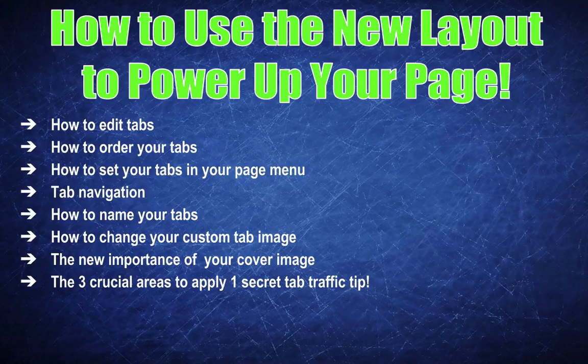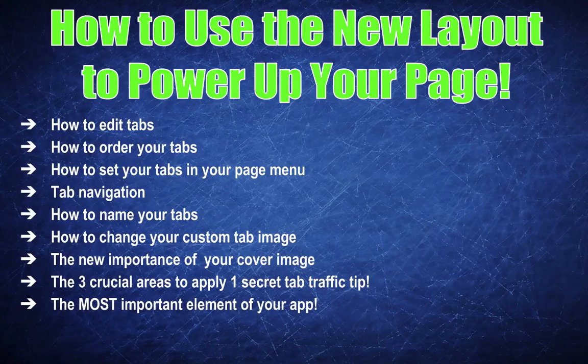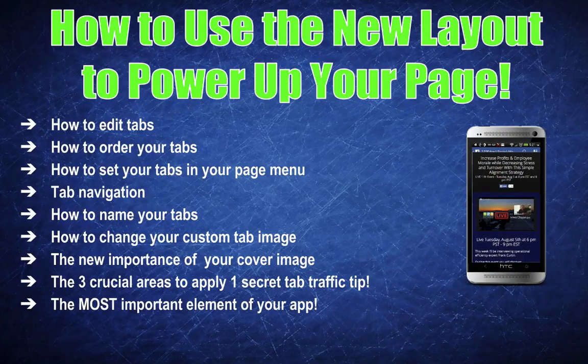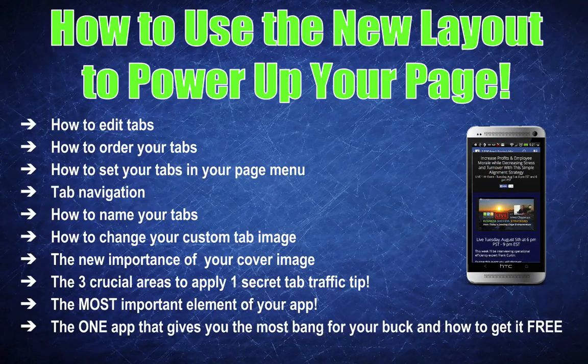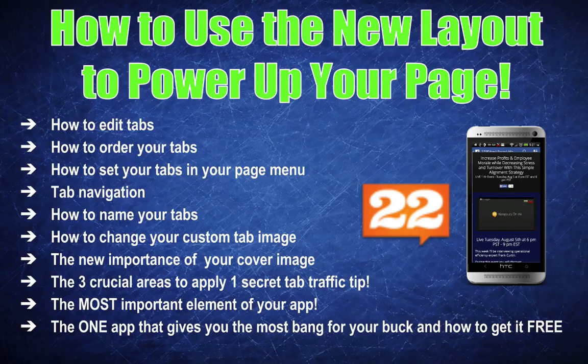And then the most important element of your tab, and that is mobile. It needs to be mobile. And the one app that gives you the most bang for your buck and how to get it free, and that is 22 Social, and you can get that at the link below as well.